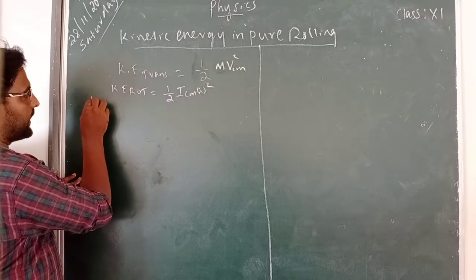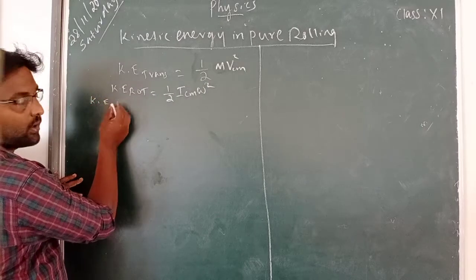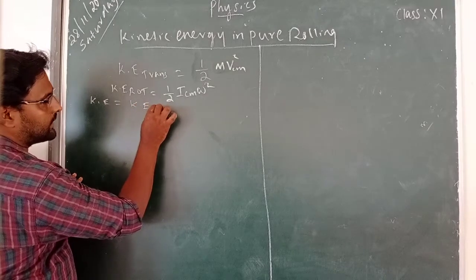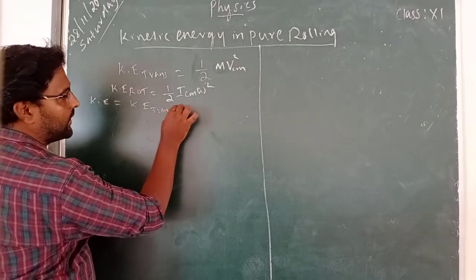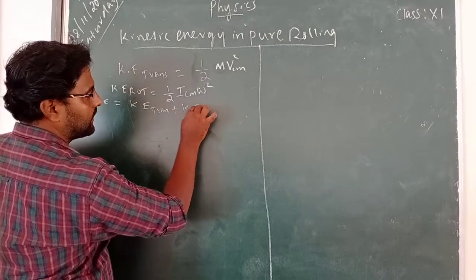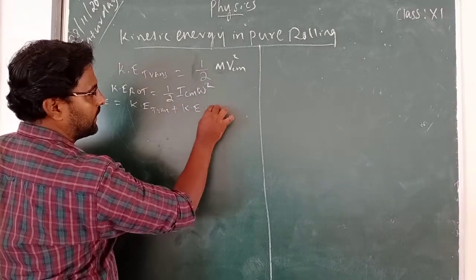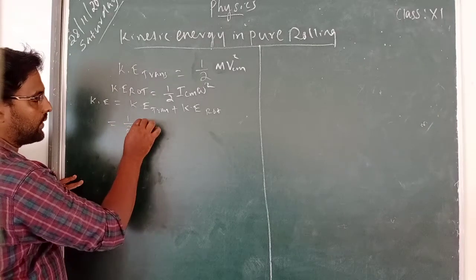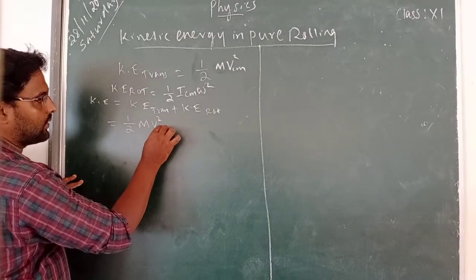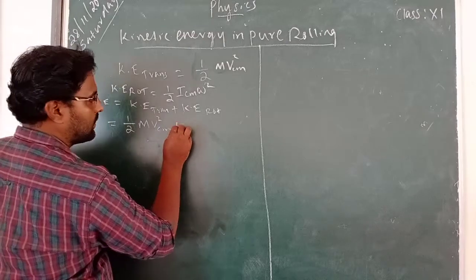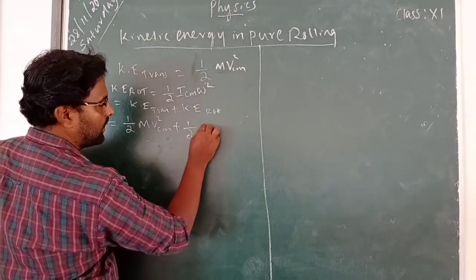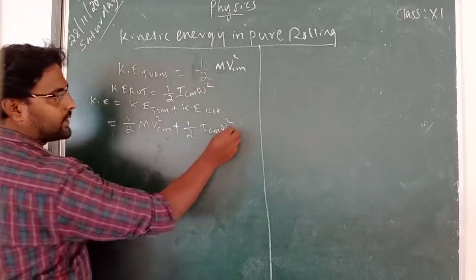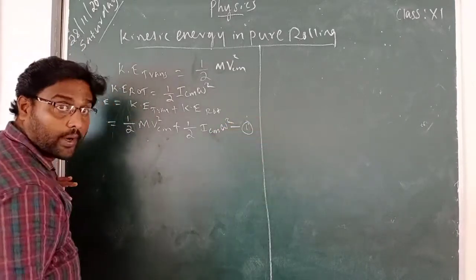The total kinetic energy is found as kinetic energy translational plus kinetic energy rotational. So half m v square plus half I omega square. We can keep this as equation 1.